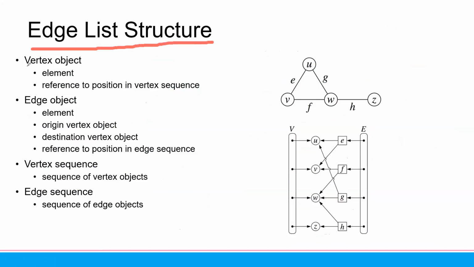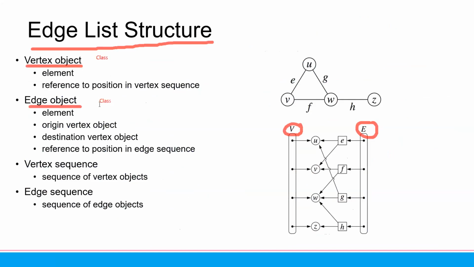So we have vertex object and we have X object. When we call this an object, you can say that this is a class. So this is another class.